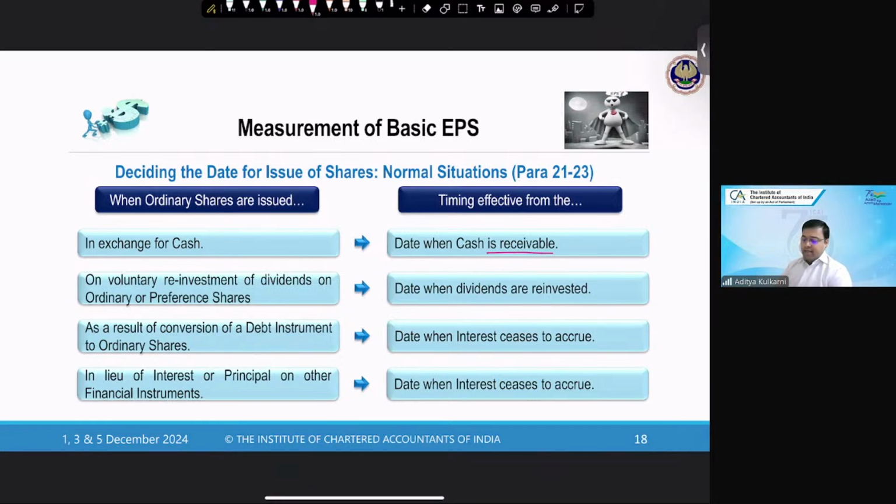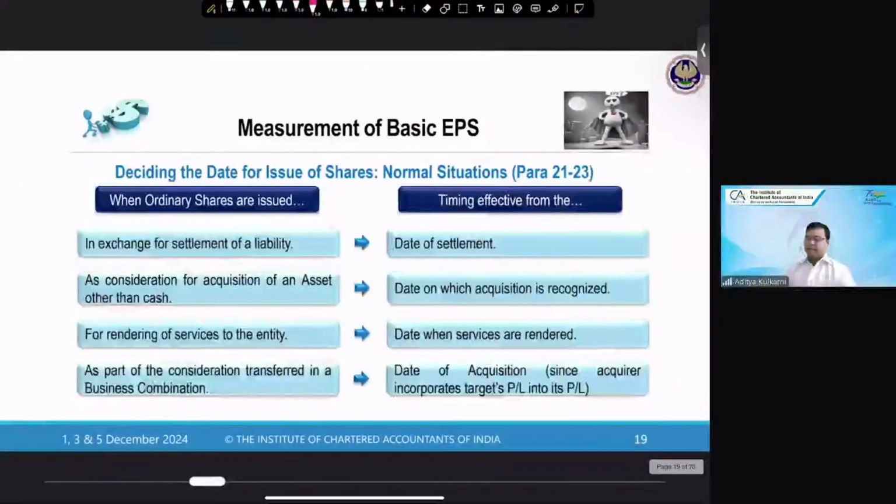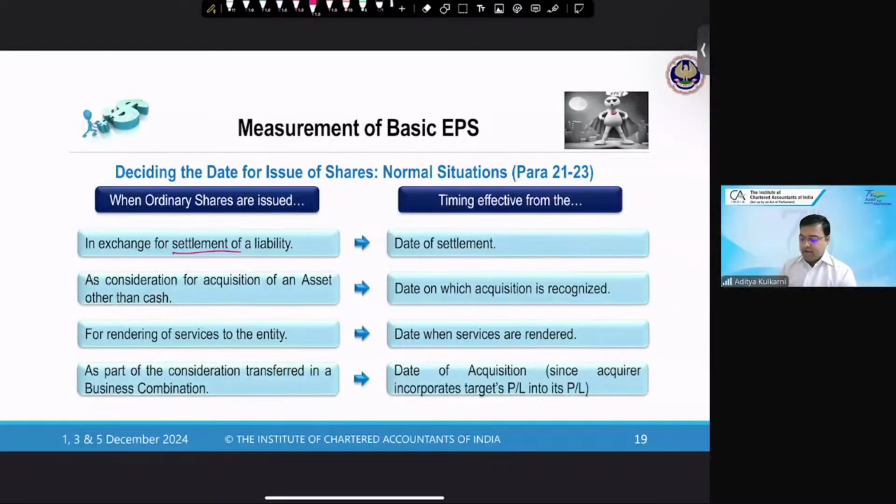On voluntary reinvestment, the date when the dividends are reinvested. Conversion of a debt instrument to ordinary shares, the date when interest ceases to accrue. In lieu of interest or principal on other financial instruments, whenever the interest ceases to accrue. Settlement of liability, you have given shares, then the date of settlement.